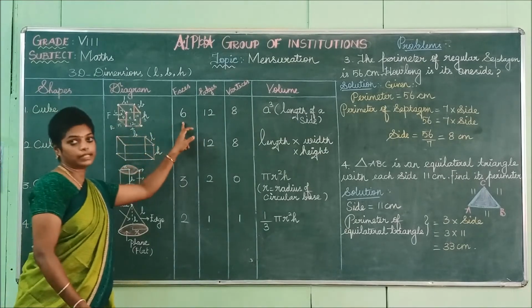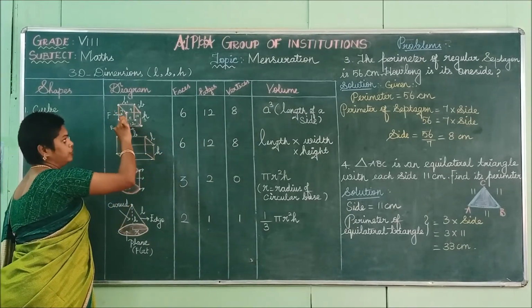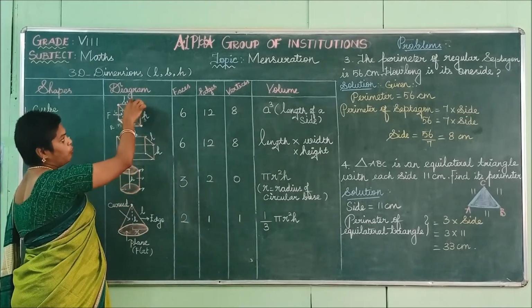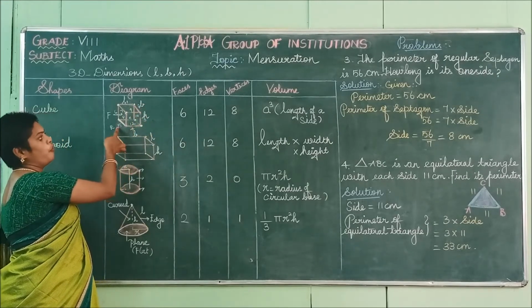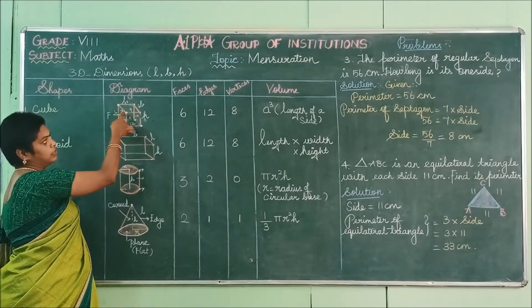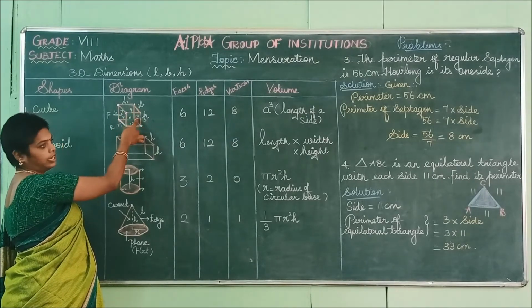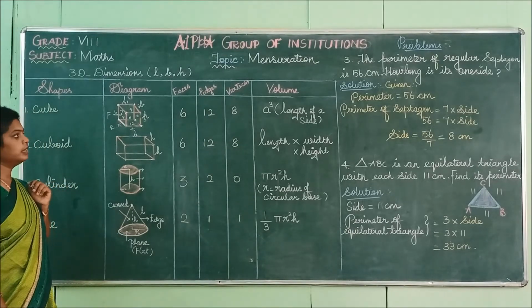Faces will be 6. Edges means this line is called an edge. So totally 12 edges are here.